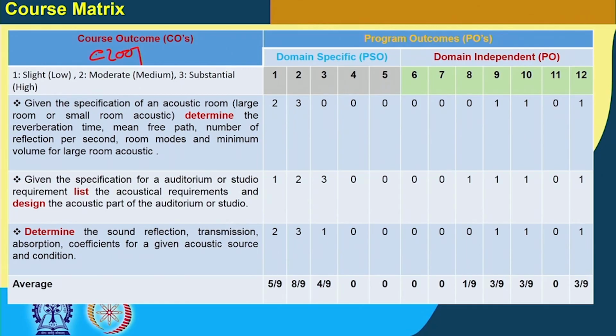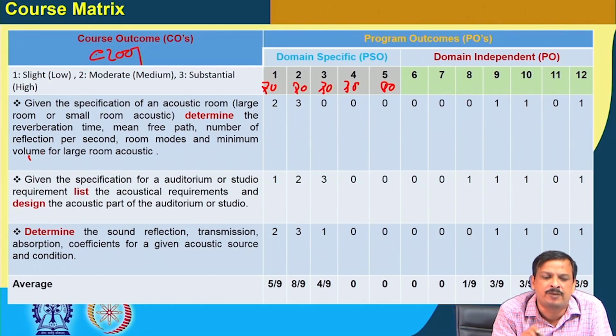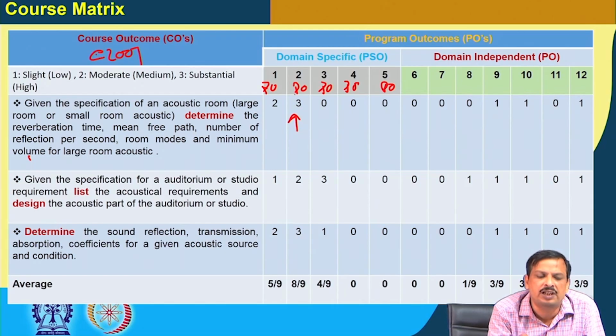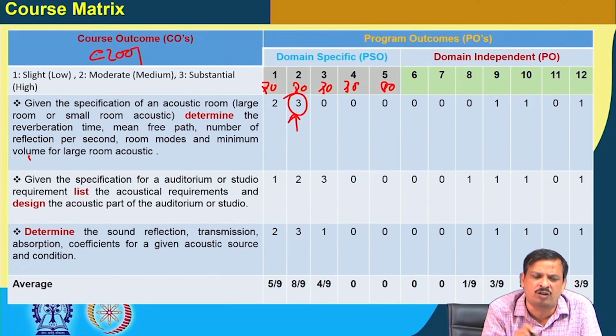As per week 3, what I said, if the outcome directly correlates with the PSO or PO, domain dependent POs, PO1, PO2, PO3, PO4, PO5, which are domain dependent. So, determine means analysis ability, PO2, 3. When they are able to determine, they should be able to solve it also, not directly, that is why I put 2.